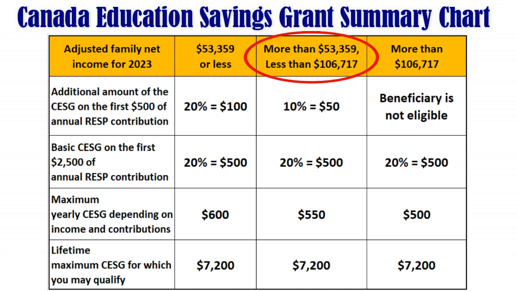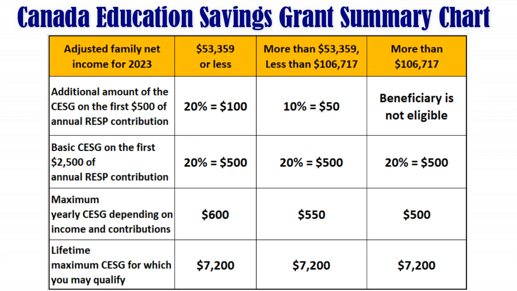If your family net income is more than $53,359 and less than $106,717, then you will receive 10% of $500, which is $50. If your family net income is more than $106,717, then the beneficiary is not eligible to receive the additional CESG.